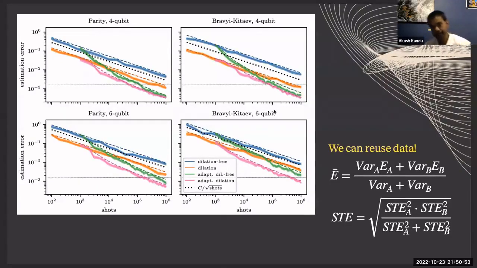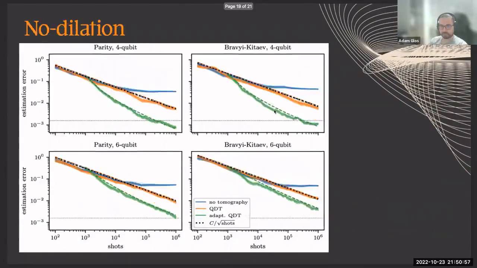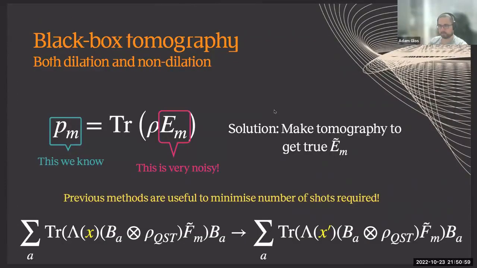But if you want to have this full black box tomography, then remember that changing this parameter x of the POVM in principle requires recomputing the tomography, so you have some extra shot noise.